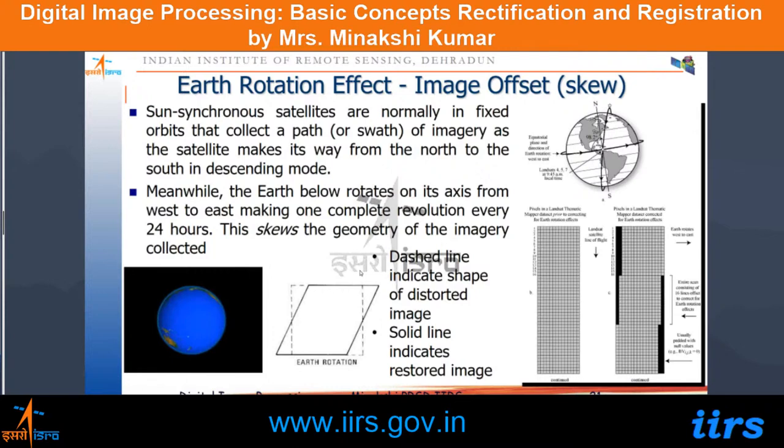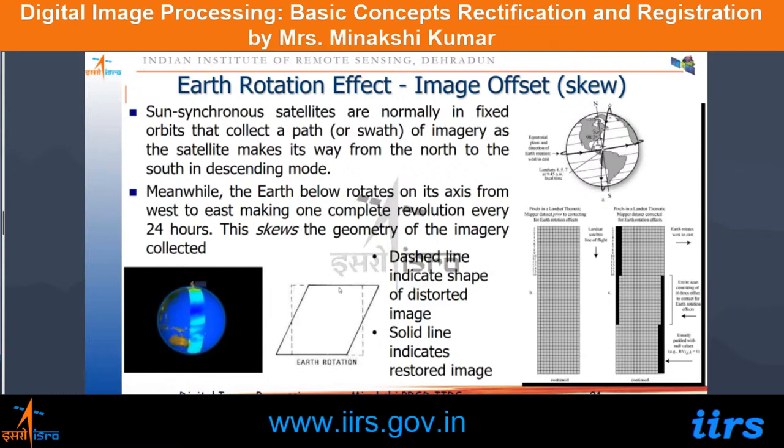Now, one example I am showing here is that we know how the image is being captured. Let's see with the help of this animation. You can see the satellite is coming, it's capturing one line, and by the time it moves to the next line, you see the Earth rotation, right?